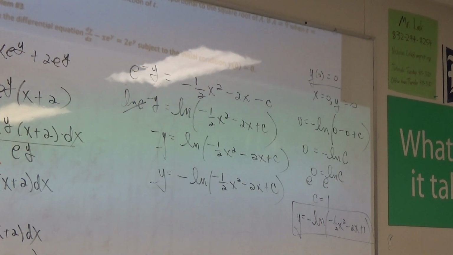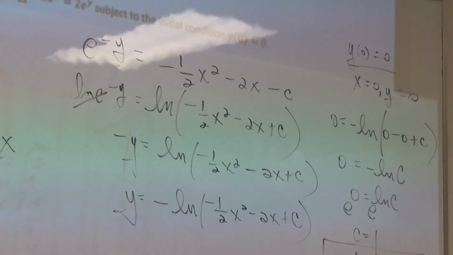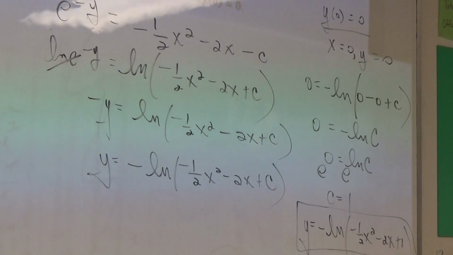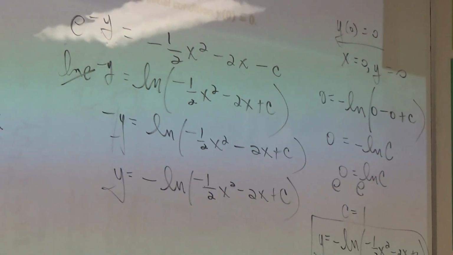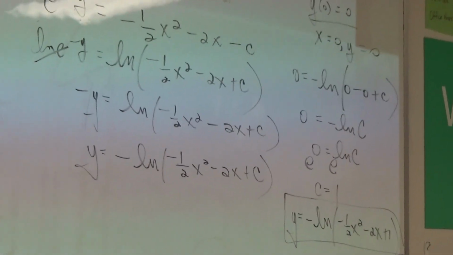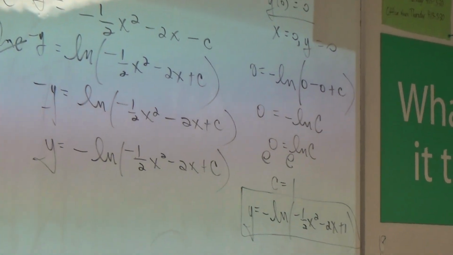All right, friends over here. So I got 0, which is natural log of C. But on this side, you should have 0. Okay, so 0 is equal to negative natural log of C, which I have.